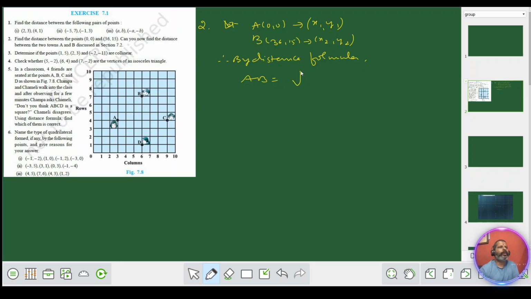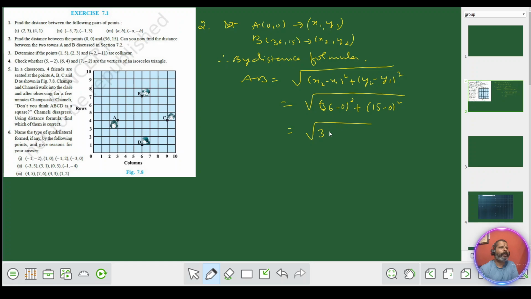AB equals square root of x2 minus x1 whole square plus y2 minus y1 whole square. Please do write the formula, it will carry marks. Substitute. X2 is what? 36 minus 0 whole square plus 15 minus 0 whole square, because y1 is 0.